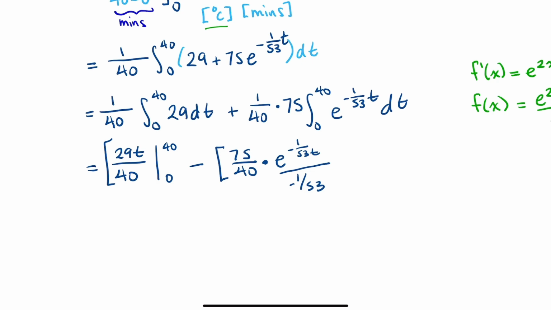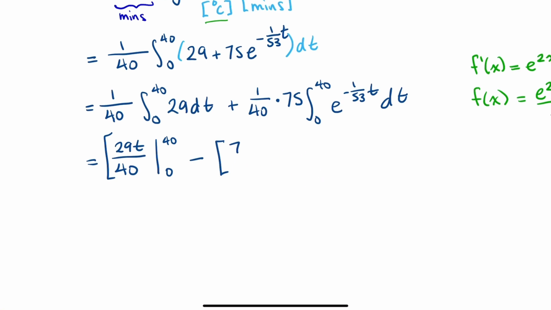So instead of this ugly looking division, we're just going to change it to multiplication. So I'm going to change this to multiplying by negative 53, and I'm also going to multiply it with the 75 over 40 we already have in front. And so by doing that, we're going to get 795 over 8 e to the negative 1 over 53t. And this will be evaluated at 40 and 0.